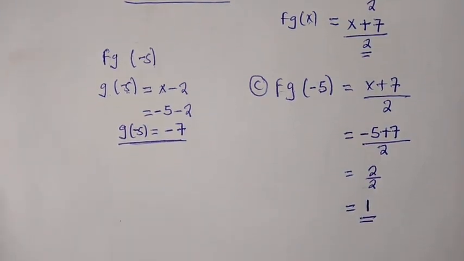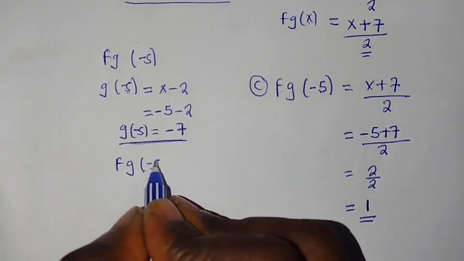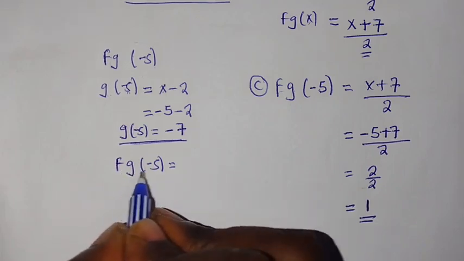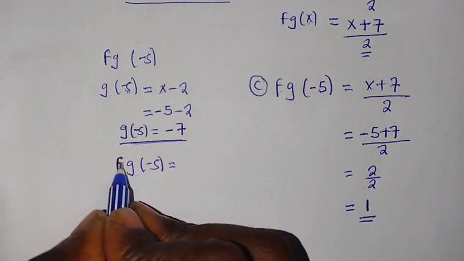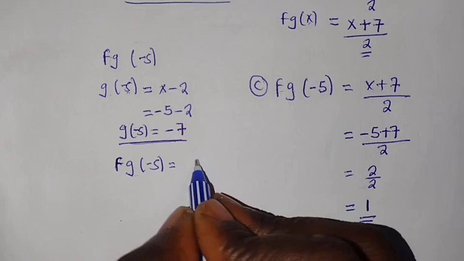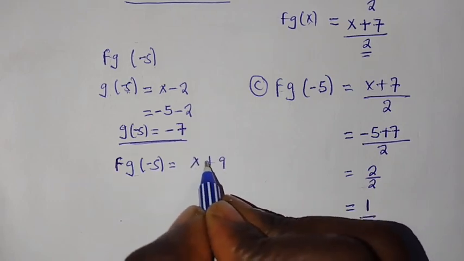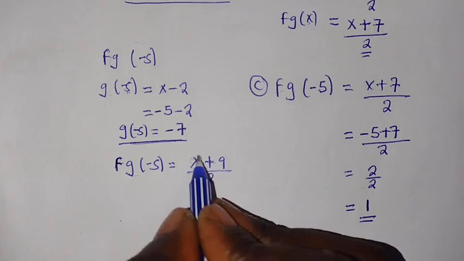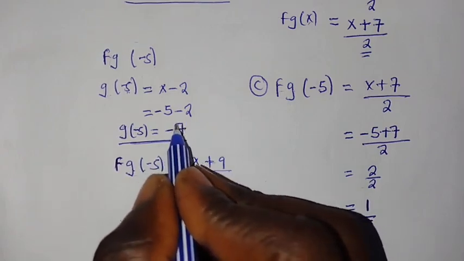Now, we come back to the question. We need to find fg(-5). We have found g(-5), which is -7, so we are just remaining with f. The function f is (x + 9)/2. On this x, we put g(-5), which is -7.